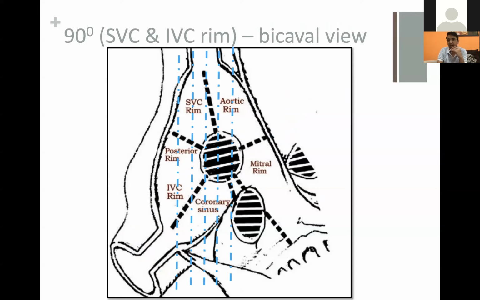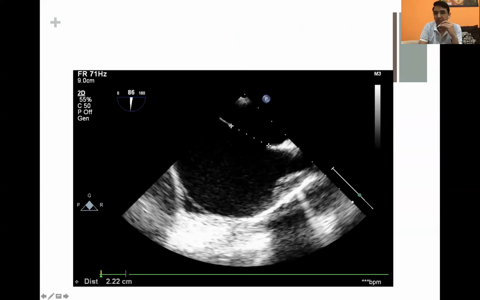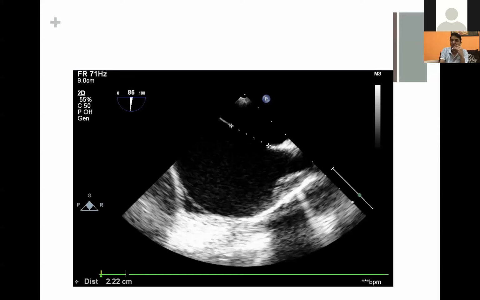See that this is the SVC and this is the IVC. Unfortunately, our screen only shows the angle. It doesn't tell you about the right and left rotation because there is no reference to measure it against. That is performed by the operator, and that is why it is not shown here. But I'm sure when we are seeing the IVC rim, the probe has been rotated towards the right to make it appear better.